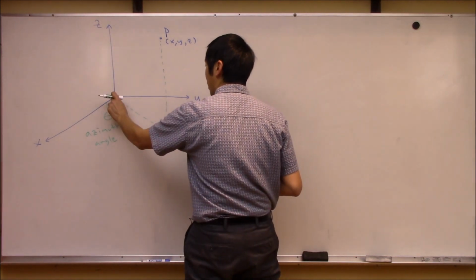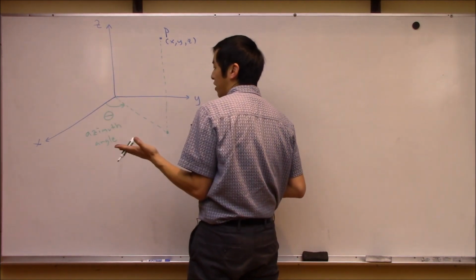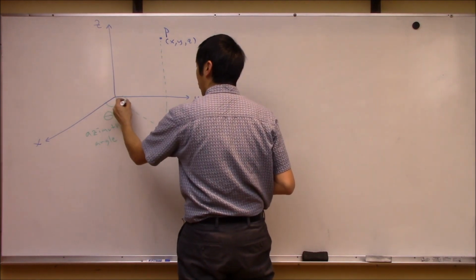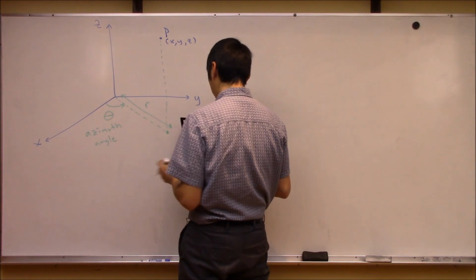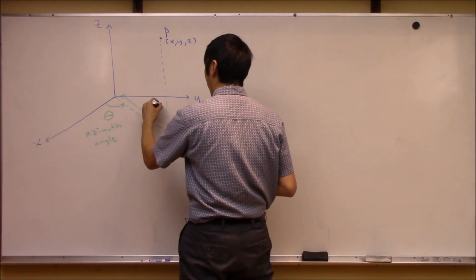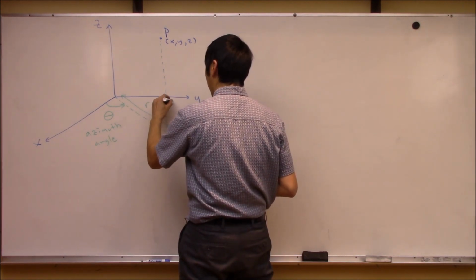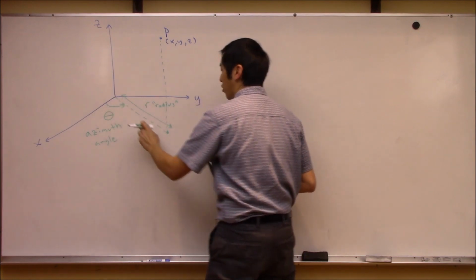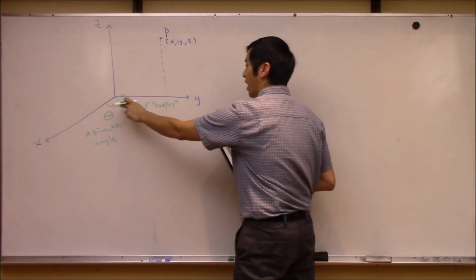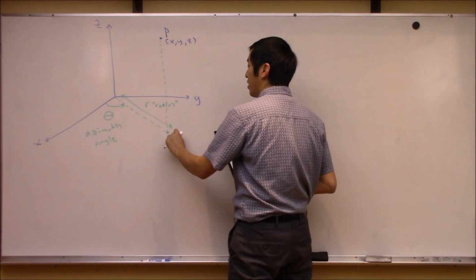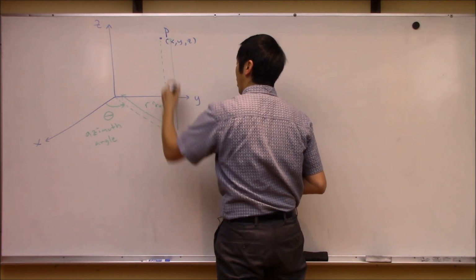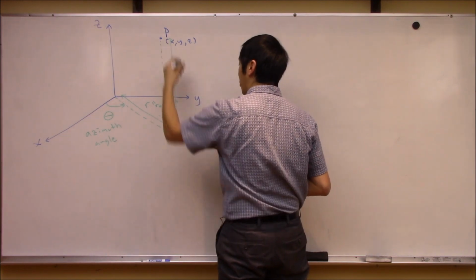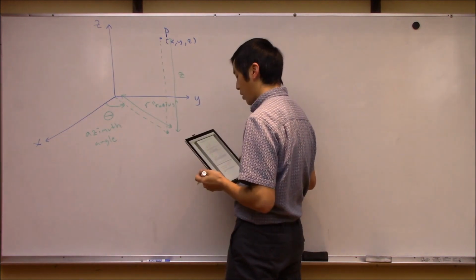And then the distance from here to here is that r we were talking about earlier, the distance in the xy plane. This is r, or the radius, in quotes, because it's the projected distance of the point in the xy plane. And then the distance from the xy plane up to the point is z, okay?